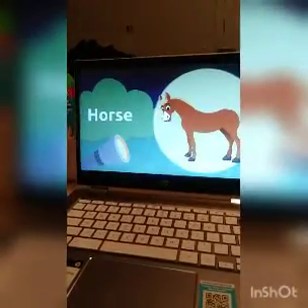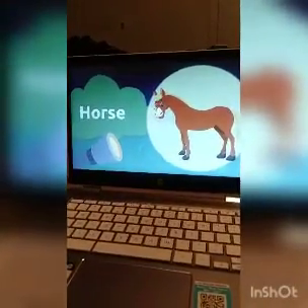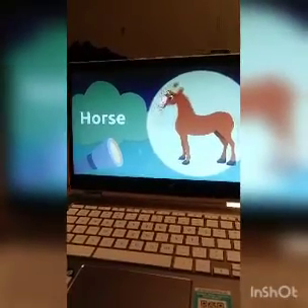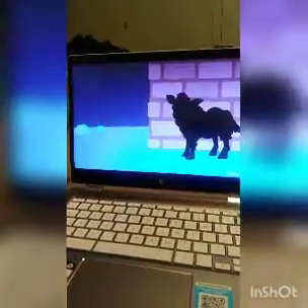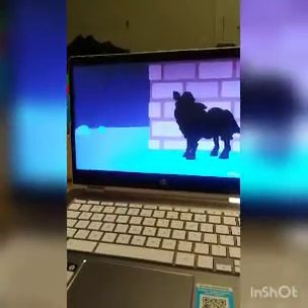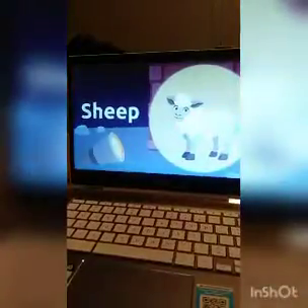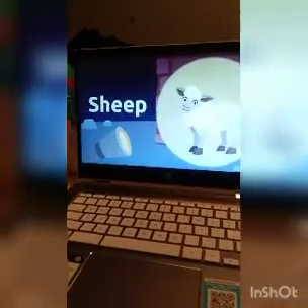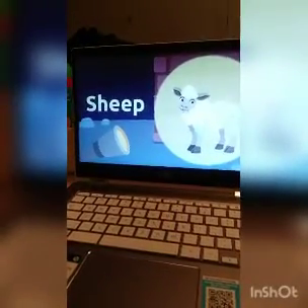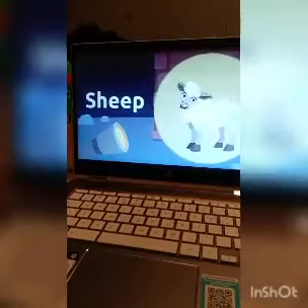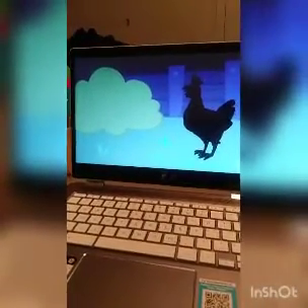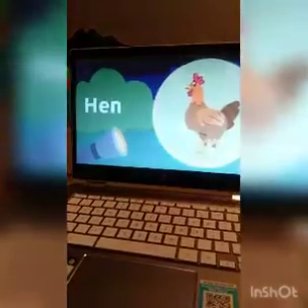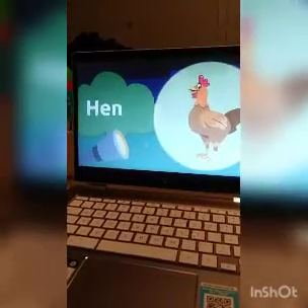It's a horse! Horse! Horses are really fast. Let's see some other animals in this farm. It's a sheep! Sheep! This sheep is so soft. Let's see what we can find around here. It's a hen! Hen!